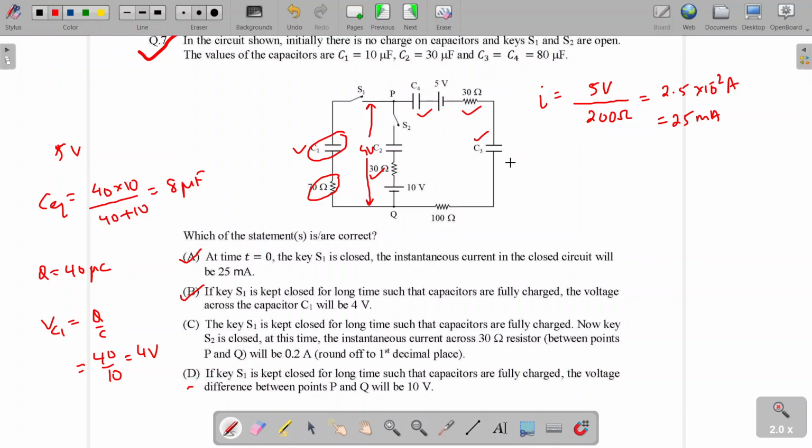What would be the potential difference across C3? It would be charge in C3, that is 40, divided by the capacitance, that is 80. So it will have half volt of potential difference. Similarly, C4 will also have half volt of potential difference, and these potential differences will add up, so they will contribute 1 volt.